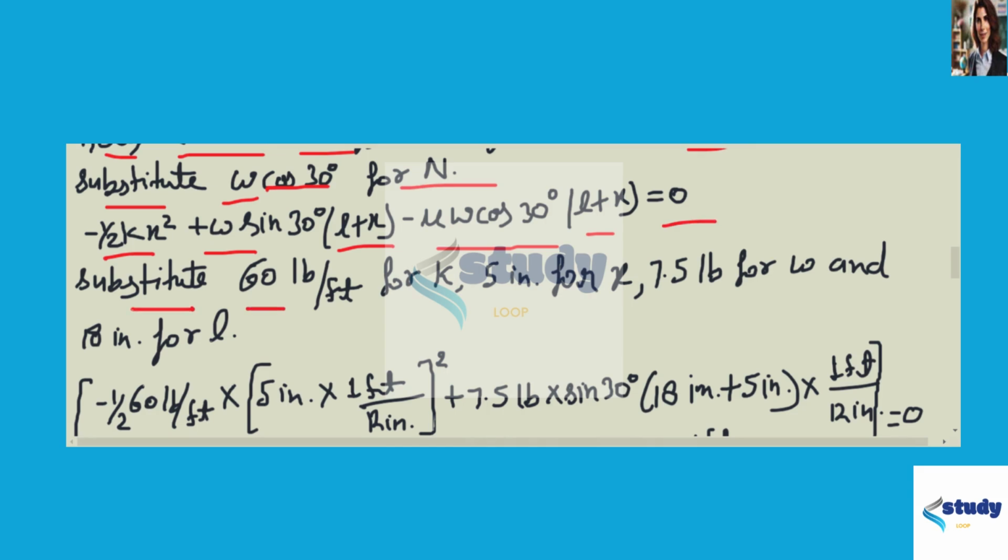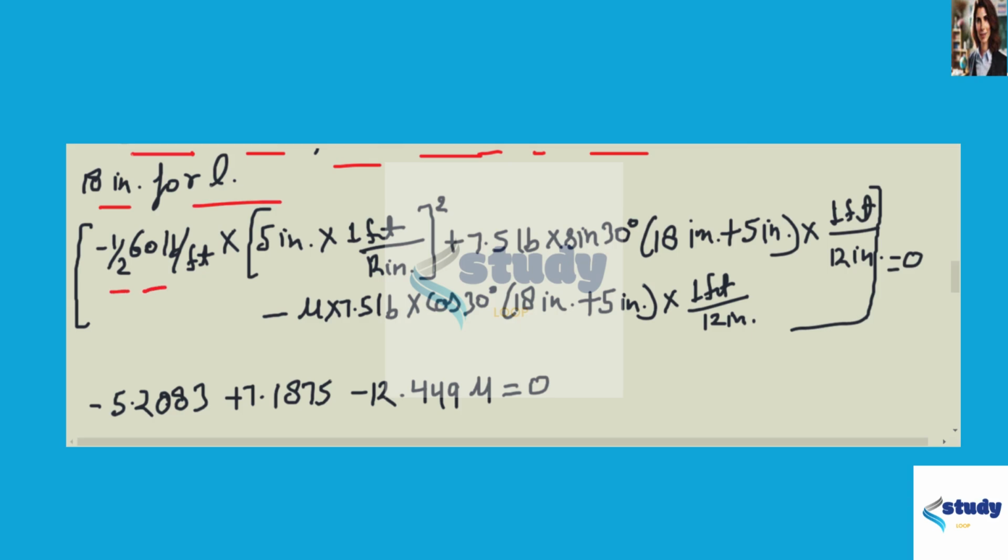Now substitute 60 lb per feet for k, 5 inches for x, 7.5 lb for W and 18 inches for L. By substituting the values we get minus half times 60 lb per feet multiplied by (5 inches multiplied by 1 feet per 12 inches) whole square plus 7.5 lb multiplied by sin 30 degree multiplied by (18 inches plus 5 inches) multiplied by 1 feet per 12 inches minus mu multiplied by 7.5 lb multiplied by cos 30 degree multiplied by (18 inches plus 5 inches) multiplied by 1 feet per 12 inches is equal to 0.